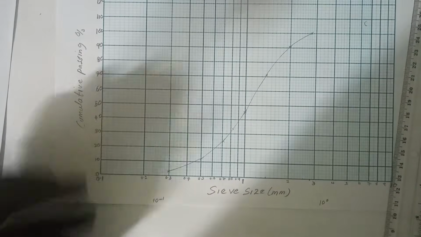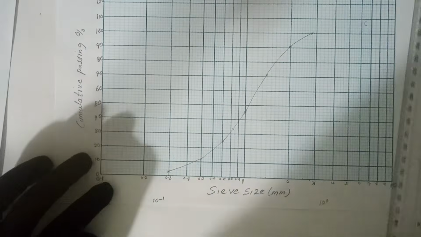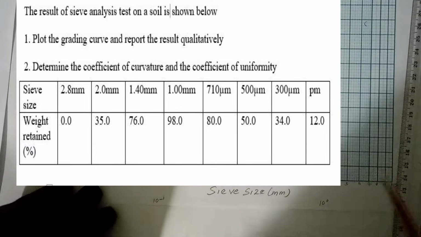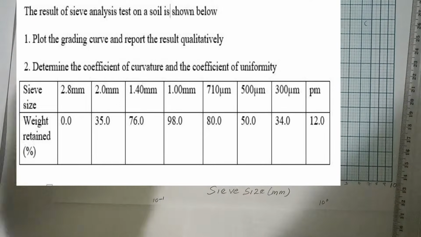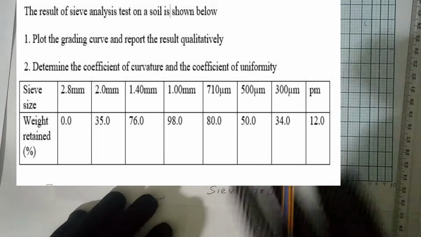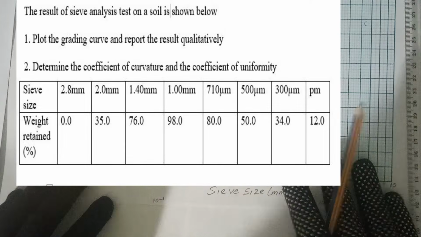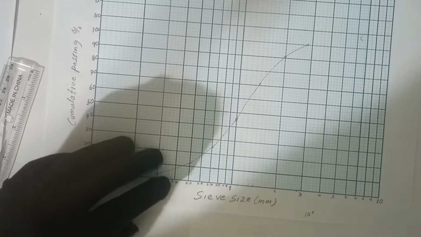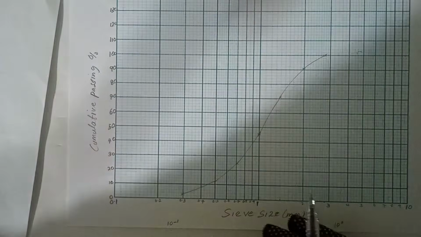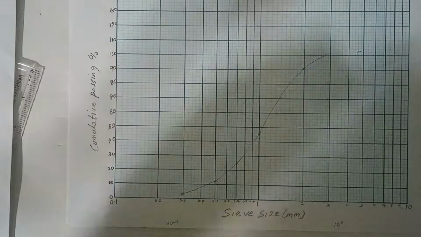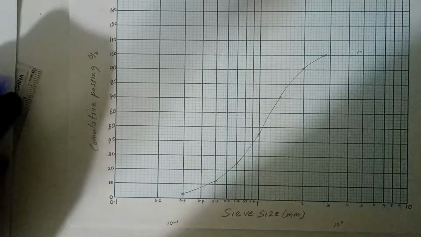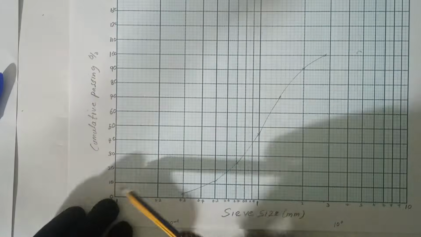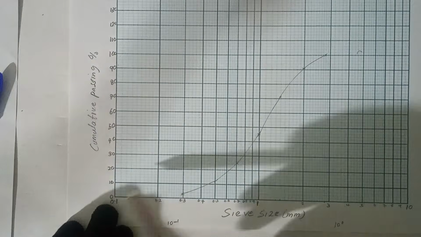So now that we have drawn the curve, we are going to find the values for the coefficient of curvature and the coefficient of uniformity from the graph. So in order to do that, we're going to first find the value for D10, where you have the 10% for the cumulative passing.